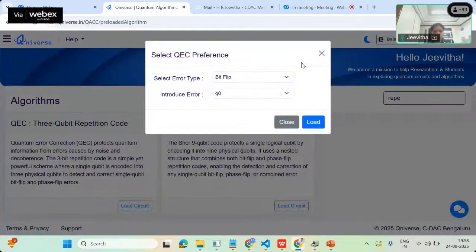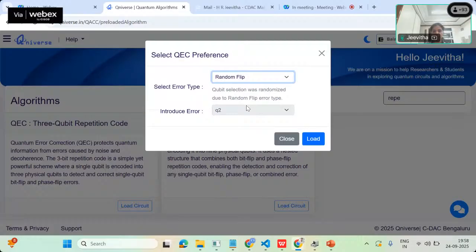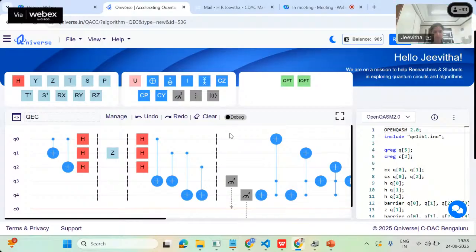I can show you one more error, which is a random flip. Random flip is just random. You don't know where exactly the error has occurred, so you can't choose the qubit to introduce it in. And we load the circuit. Since this is random, either an X error or a Z error can occur.